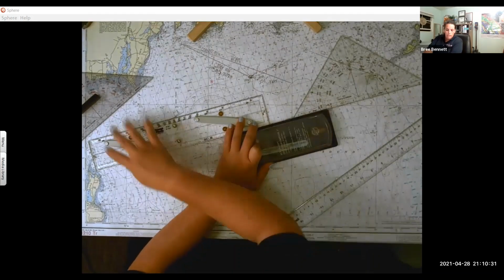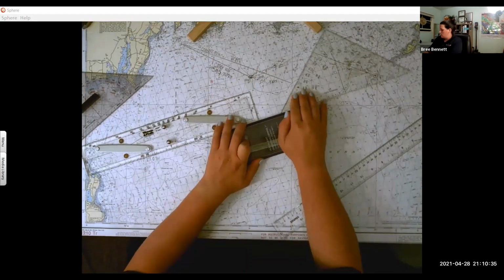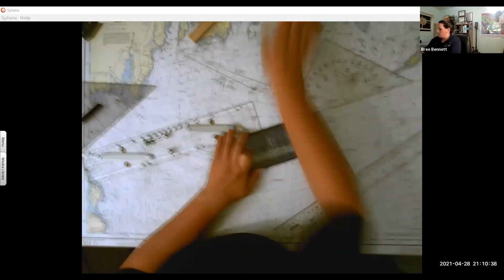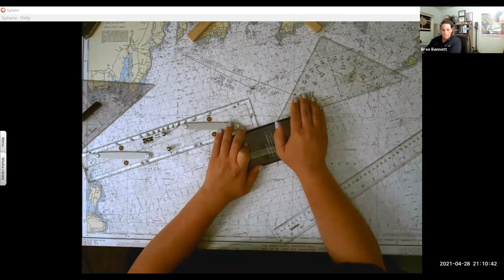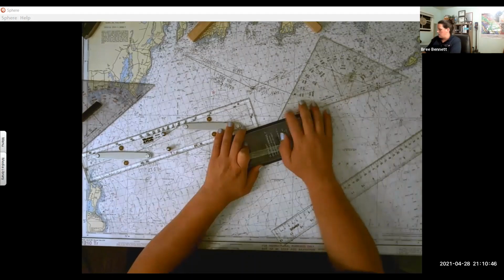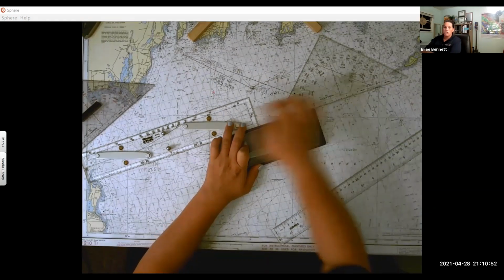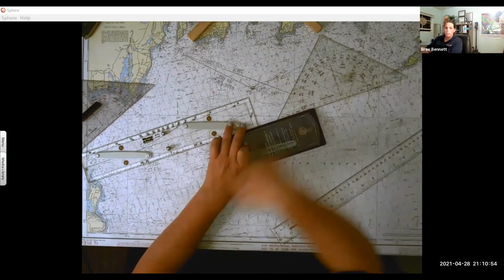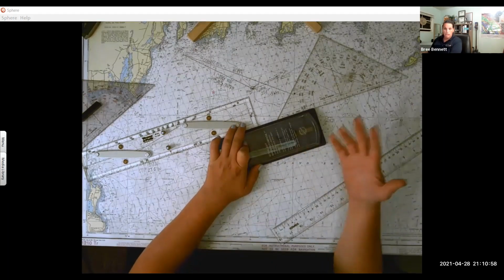If you want to go from Block Island to Breton Reef, whatever line this is, I'm going from this light here to this light there. And when I draw this, I'm lining up the angle using an extended line, whether it's triangles, whatever sort of straight edge you have.